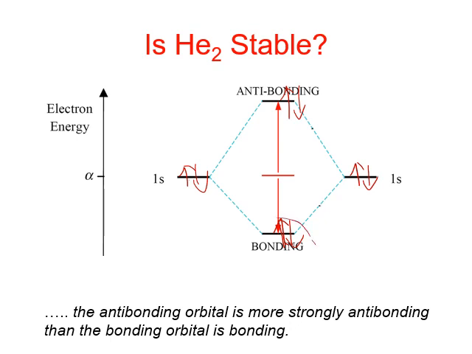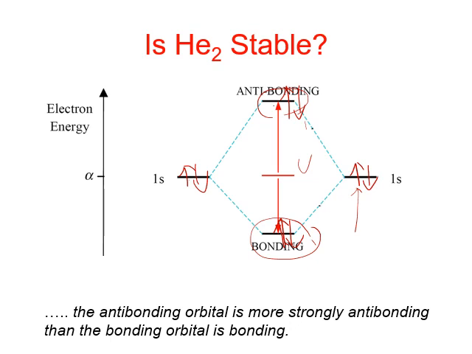The bonding molecular orbital has energy lower than the atomic orbital, so electrons going to the bonding orbital will gain energy, but the energy of anti-bonding is higher than the atomic orbital, and so electrons going to anti-bonding will lose energy.